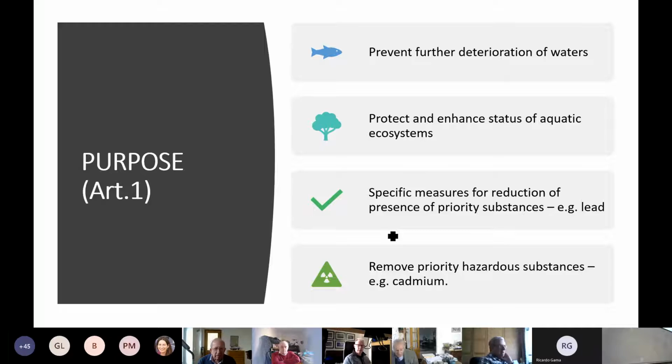Looking at the purpose of the directive, firstly, it's to prevent further deterioration of waters, protect and enhance the status of aquatic ecosystems, give specific measures for reduction of priority substances, for example, like lead, and to remove priority hazardous substances like cadmium.